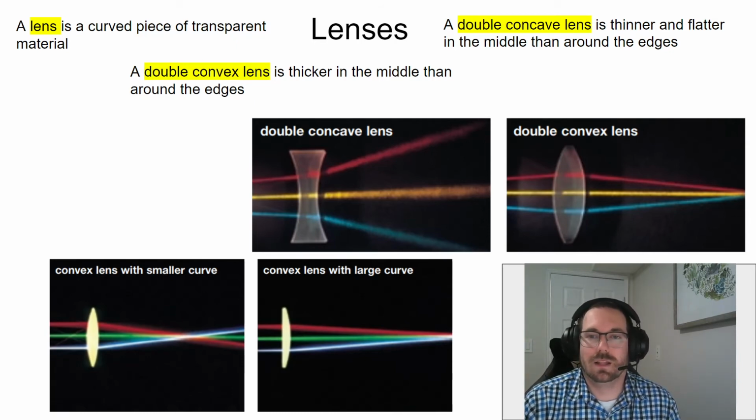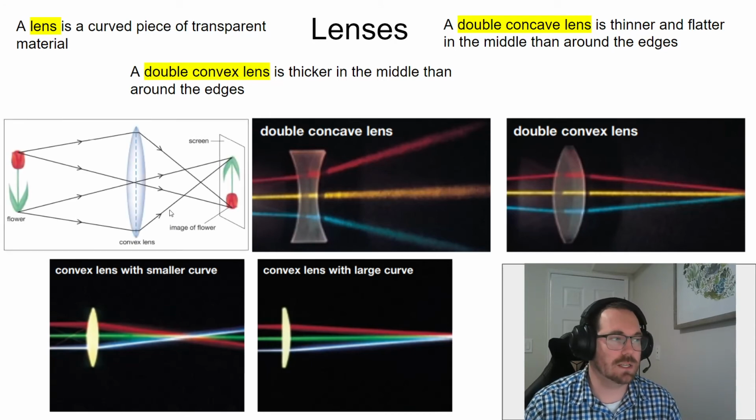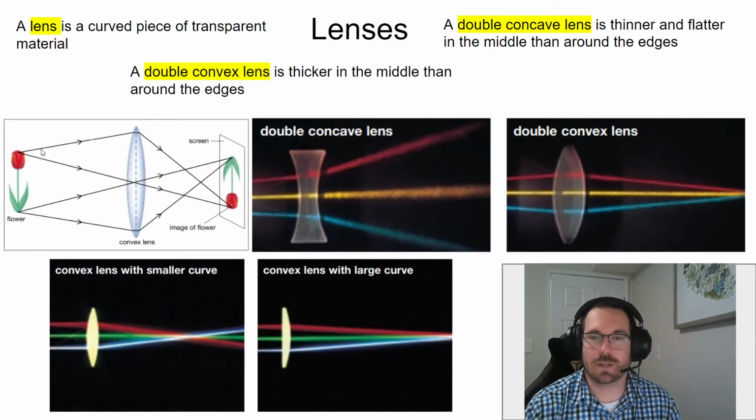The light rays spread out from a point on an object, and the convex lens refracts those so that they come back together. However, the lens directs light from the left portion of the object to the right portion of the image. Similarly, light from the top of the object, as we see here, is directed to the bottom of the image here.